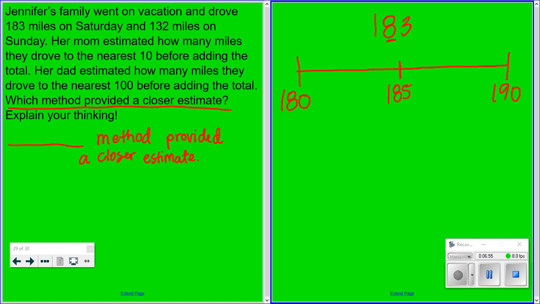Are we done? No, not done. Now I need to figure out where 183 is going to go. Go ahead and place it somewhere on that number line. Azalea, where did you place 183? There's like 3 inches from 180. Okay, so kind of in the middle of 180 and 185.